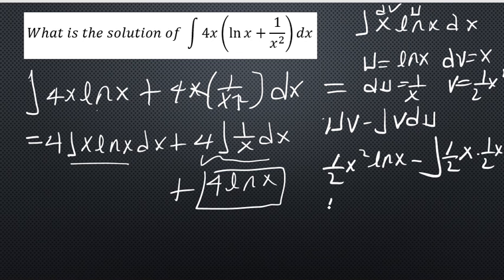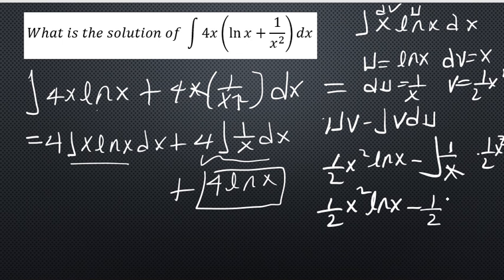So when you multiply, it will be 1 over 2 x squared ln x minus, first of all, this one is not 1 over 2x, just 1 over x. The du is 1 over x. So when you multiply, this is a square, 1 over x squared. So we will cancel square by square. So what is left? 1 over 2, keep it outside. 1 over 2 times the integral of x dx.